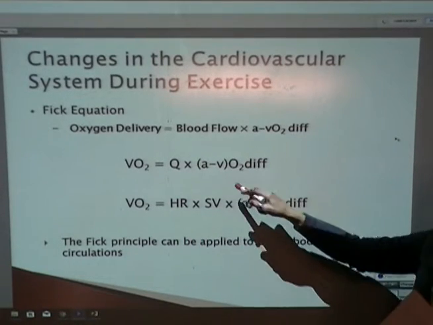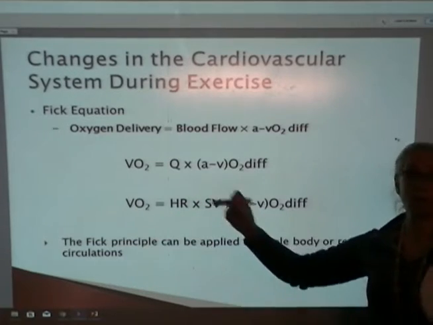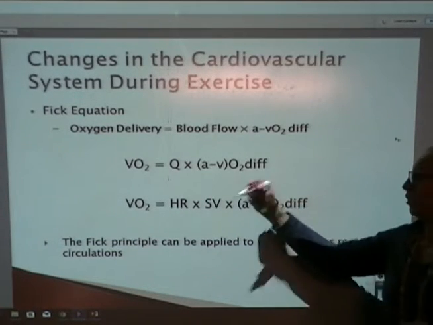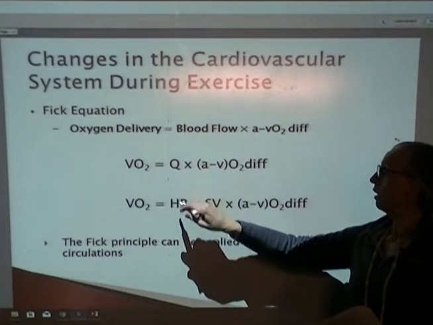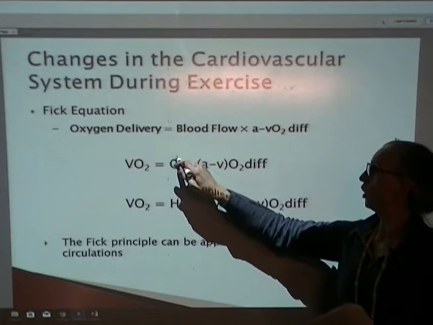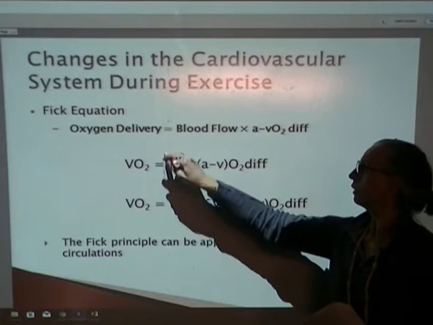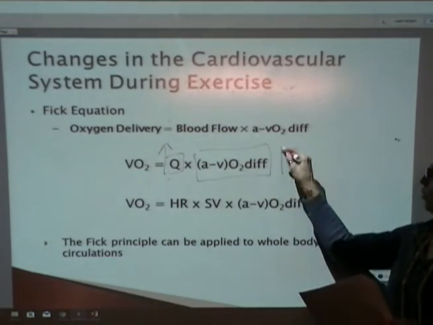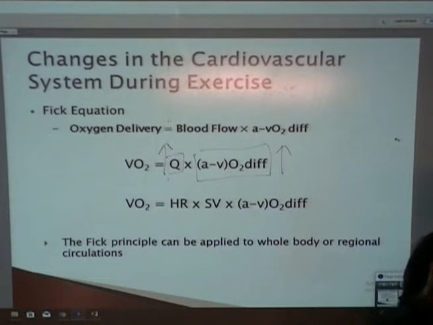Right? So that means that when we see improvements in VO2 and VO2 max, then I can increase Q, right? Or I can increase how much oxygen is removed from the blood, or a combination thereof.